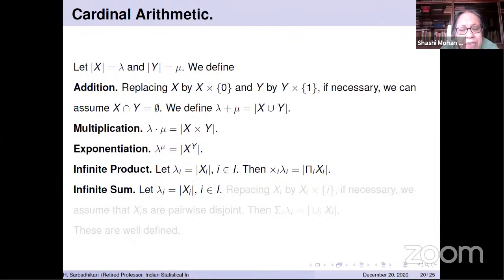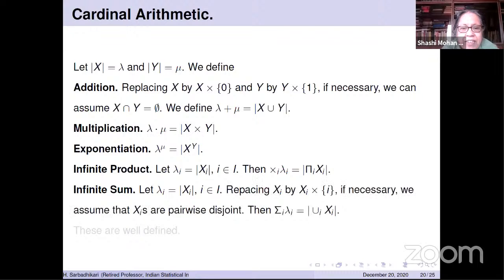And infinite sum is, suppose I get lambda i to be the cardinality of Xi. Again, I make them disjoint by replacing Xi by Xi cross singleton i, take the union, take the cardinality. That is sigma lambda i.